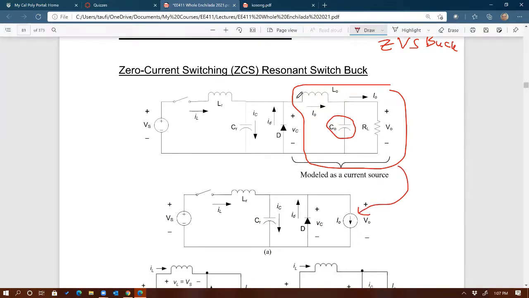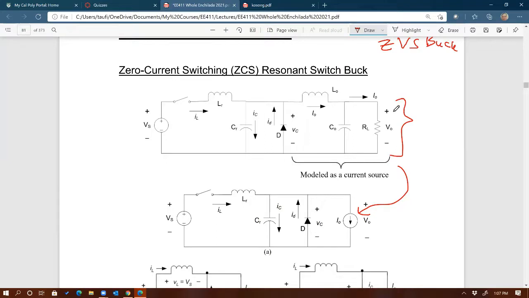You agree with that? Again, if we operate this converter at a very high switching frequency and with enough inductance to make it almost flat right here, that means I could replace all these three components with just a current source. Why? Because we always have voltage across the output, and that's required by the load, in our case RL.